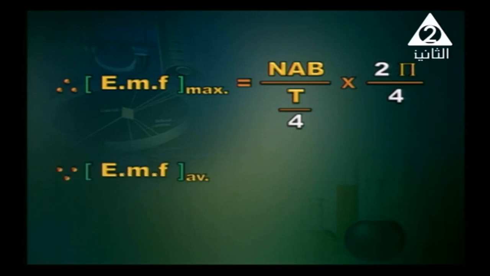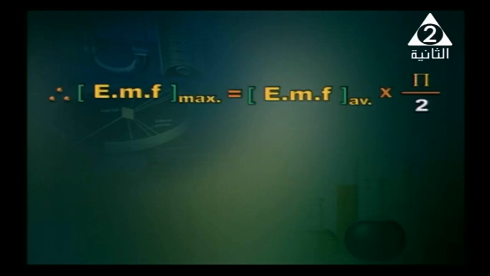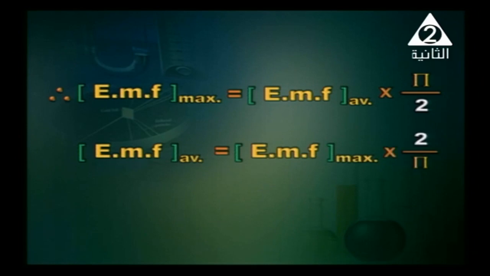So we can say EMF average equals NAB over T over 4. So EMF maximum equals EMF average times pi over 2. And if we want to start with EMF average, it is equal to EMF maximum times 2 over pi.